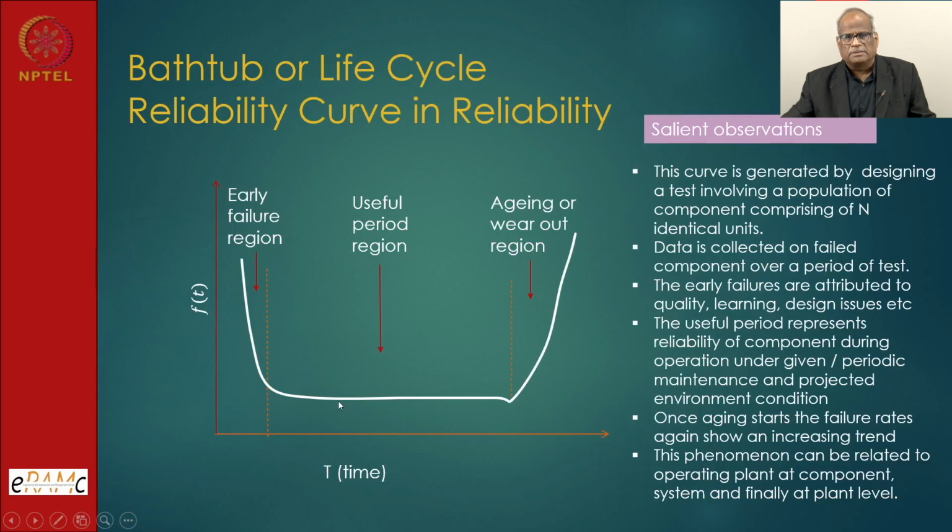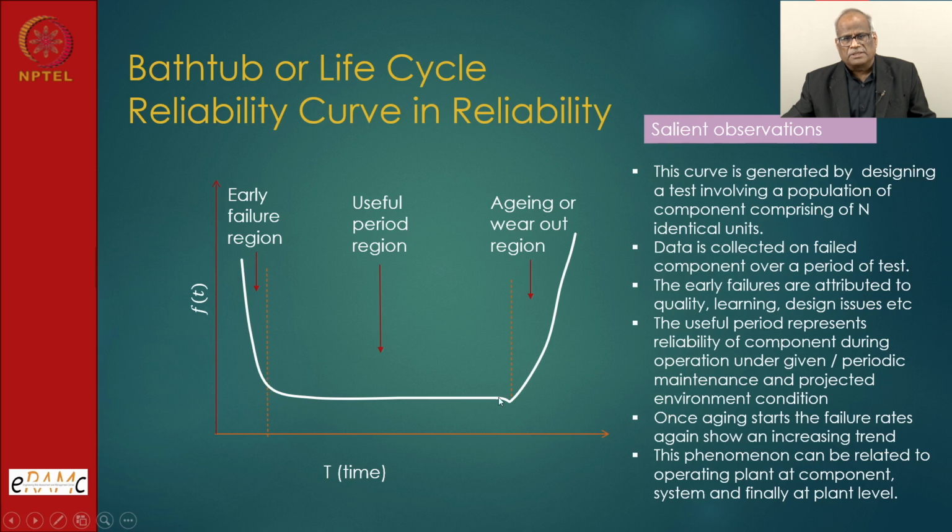That means, let us say, 1 failure per 15 hours, so that will continue, and then finally it will increase. Why? Because of the aging period. So this is called the useful period, this is called early failure, and early failure reflects quality related issues, learning factor or any design deficiency which are there.